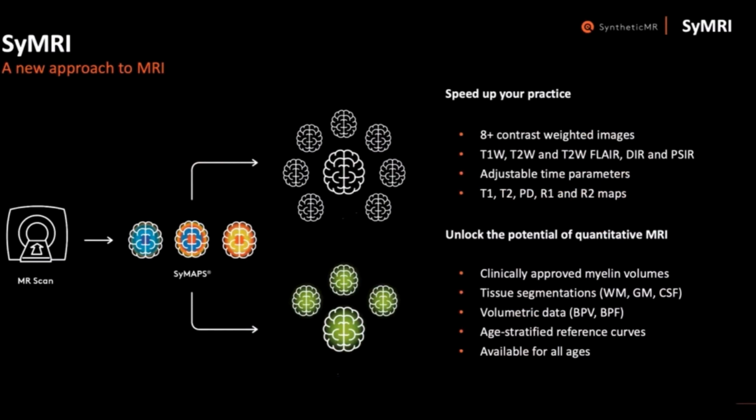In a fast acquisition, typically 3 minutes with SmartSpeed, it provides a combination of 8+ contrast-weighted images, as you see here, but equally quantitative data, including myelin volumes, but also tissue segmentations, volumetric data, and age-stratified reference curves, which actually allow you to check whether your patient is within a normal distribution for a given measurement.